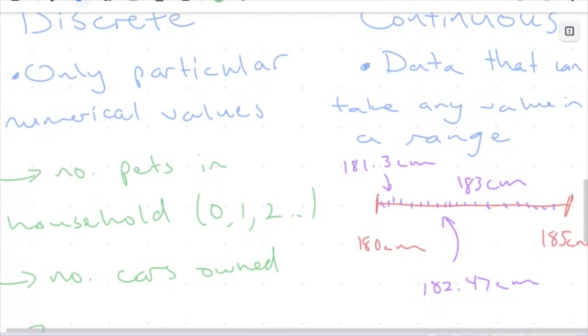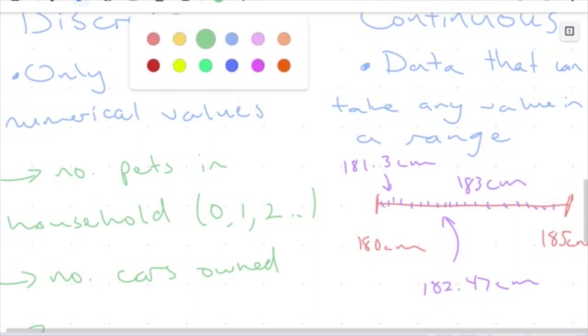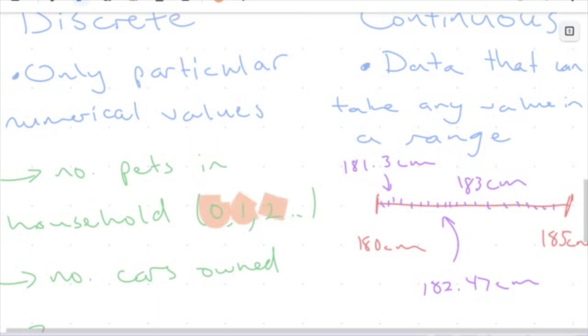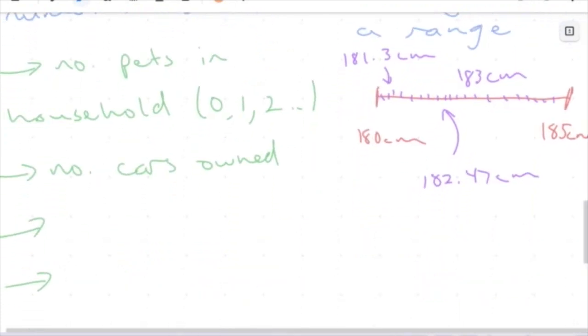So if you consider, for example, the height of a population, you're going to have the shortest person in the country, the largest person in the country. And all of the other values, they're not necessarily just a counting number like we have here, 0, 1, 2. They can take on any height along this spectrum of height here. So a couple more examples here. We looked at the height of a population.